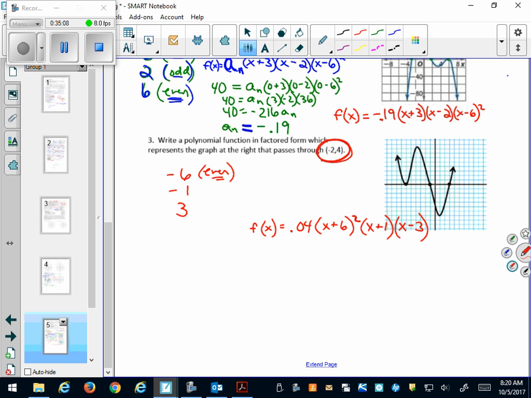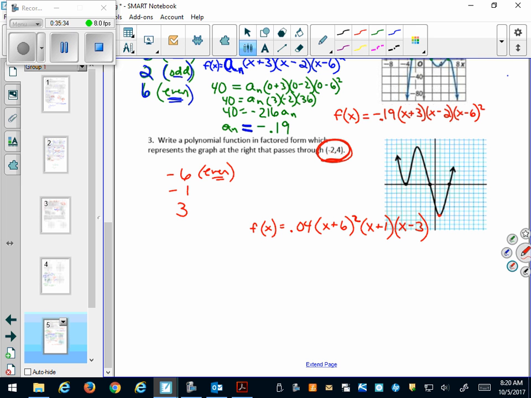I used 1, -7 as the point that I plugged in, and I got 0.04. If you used -24, you got 0.05. Somebody else used something else when I was walking around, and they got 0.04. So it just depends, and I just think it's because they're not giving us the exactly accurate thing.